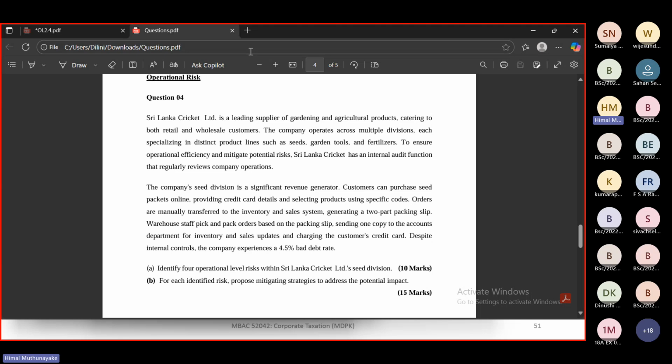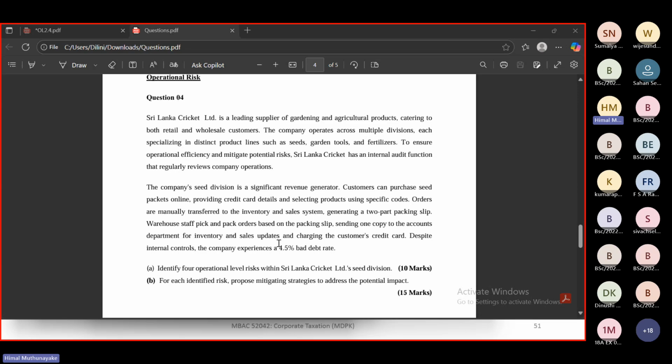Inventory division එකට. Right? The order has been passed manually.